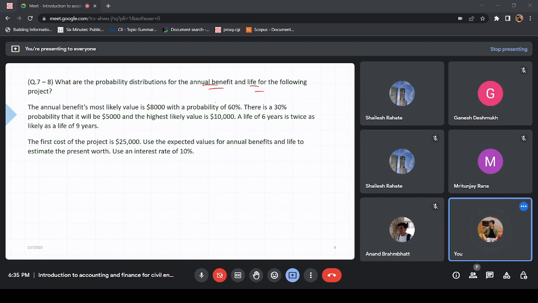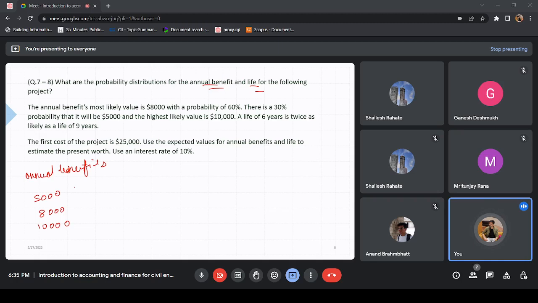So in this case, you have been given the probabilities. So let's talk about annual benefits first. What values do we have? You have got lower one as 5,000, most likely as 8,000, and highest likely value as 10,000. What are their probability distribution?